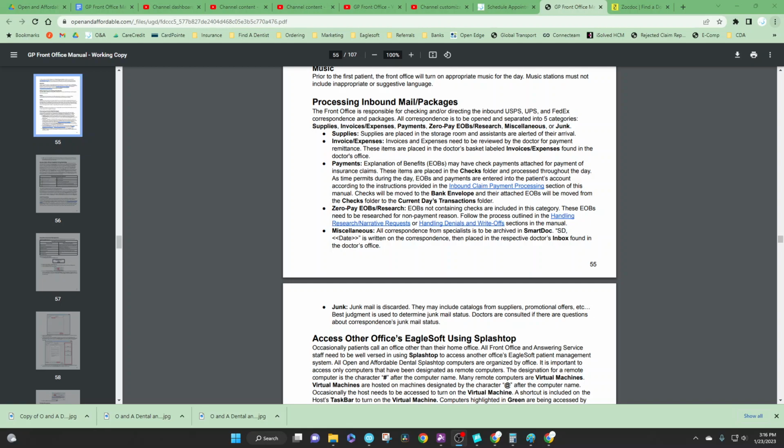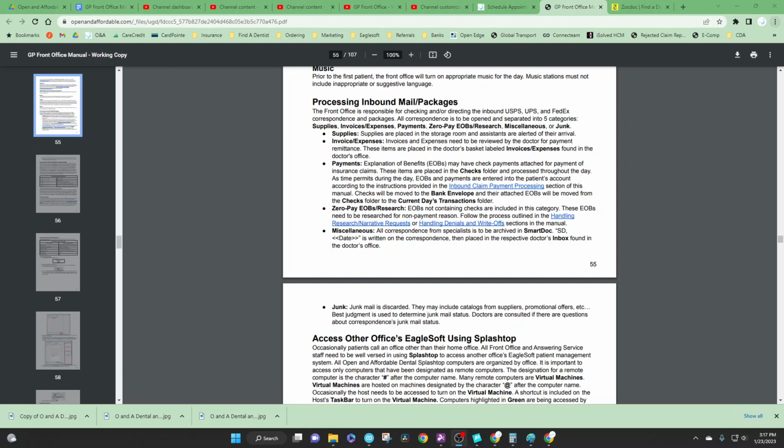So you will put SD or Smart Doc and then the date at the very top, and you will scan that into the patient's Smart Doc, and then you will physically deliver that letter to the doctor's inbox inside of the doctor's office.